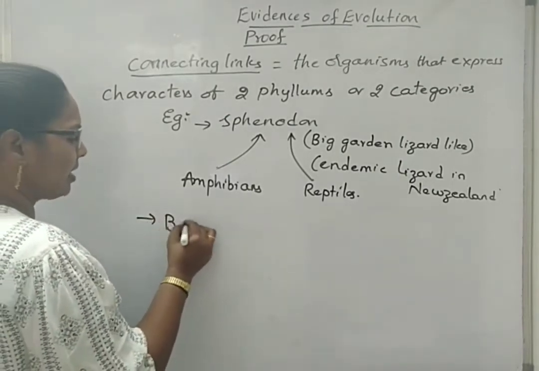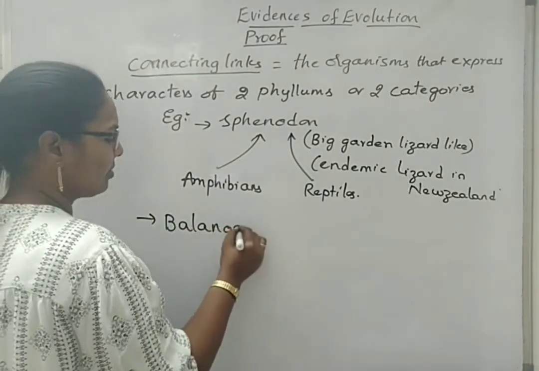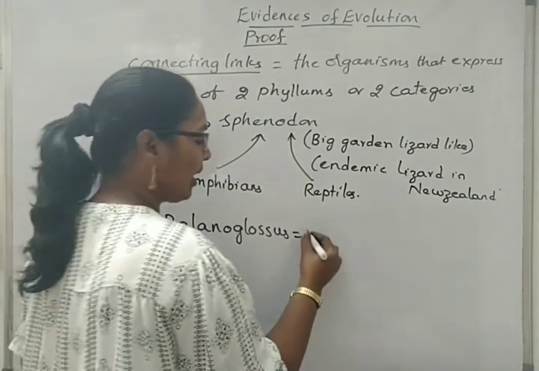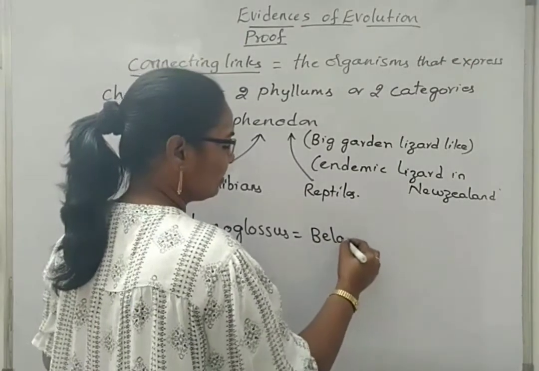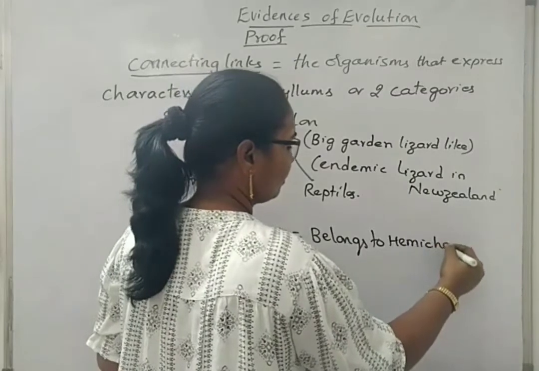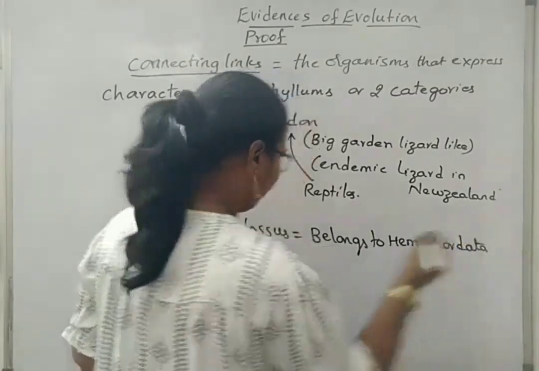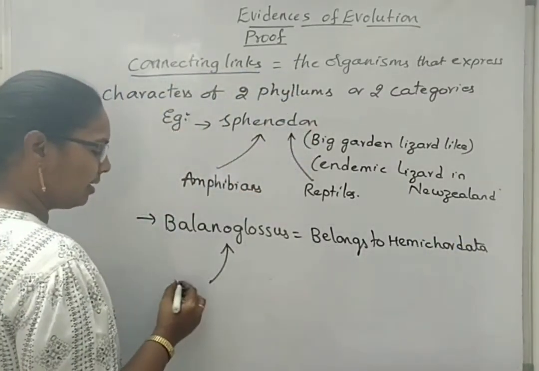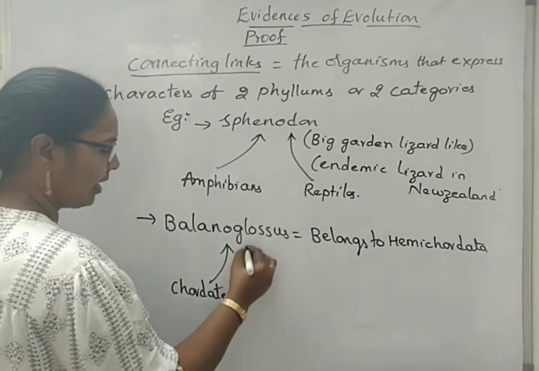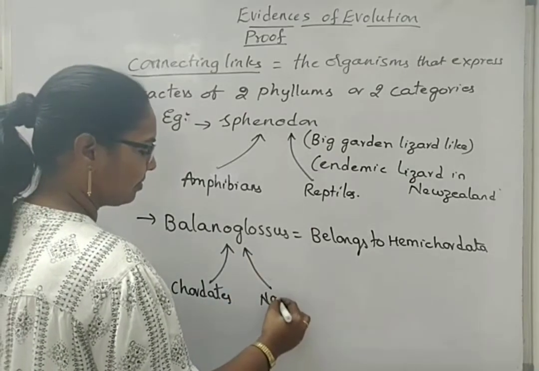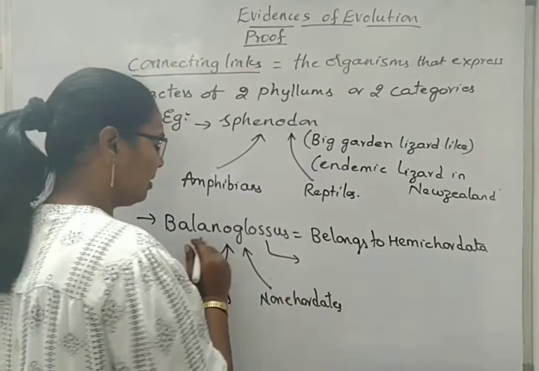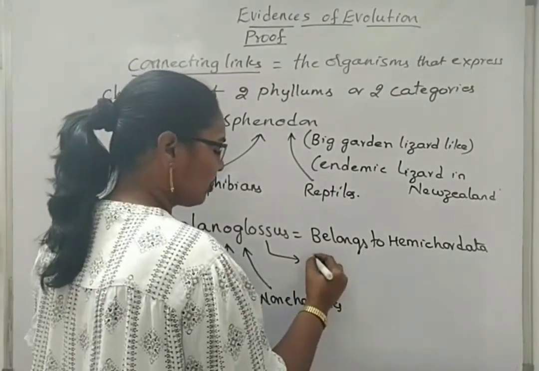Next example is Balanoglossus. It belongs to Hemichordata. It is a connecting link between chordates and non-chordates. These belong to deuterostomes.